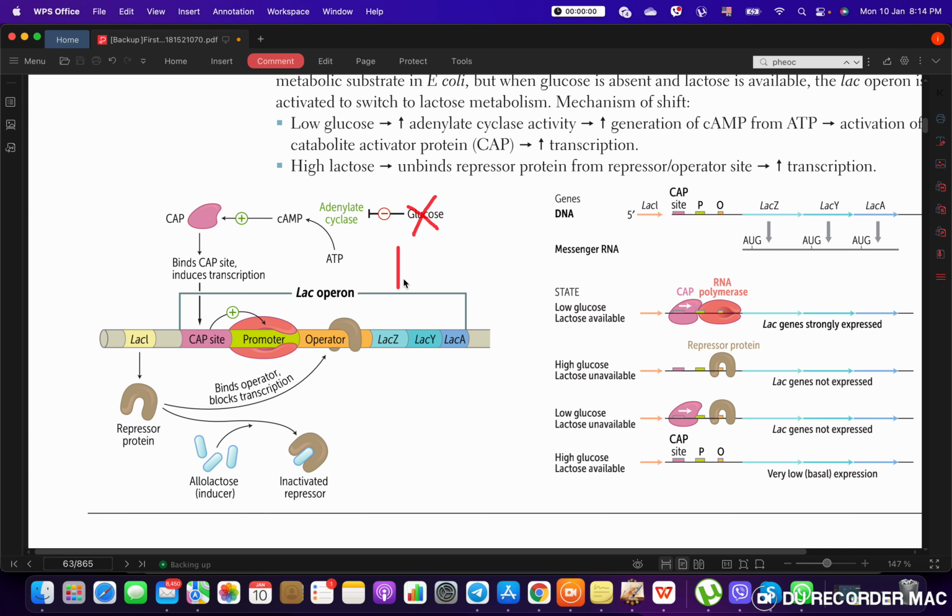But if glucose and lactose are both not available, so glucose is low and lactose is not available, will the lac operon work logically? The answer is absolutely not. It's not possible. So let's see why.